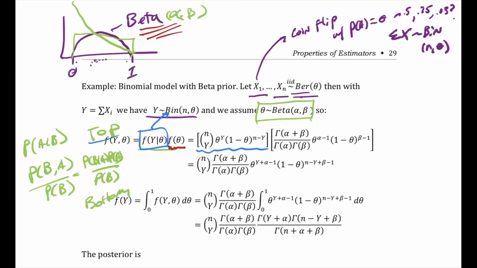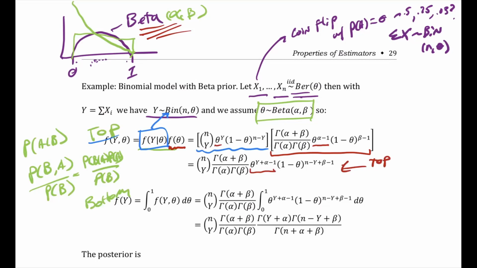That was this guy here, and I've just written the formula out here. You multiply them together, and some things will cancel. And actually, you can combine. So here, for example, I have a theta to the alpha minus 1. I have a theta to the y, so I get a theta to the y plus alpha minus 1, et cetera, et cetera. So that's going to be the top.